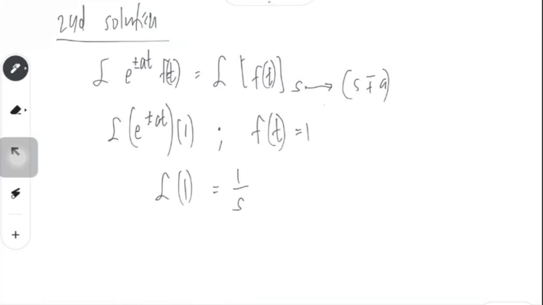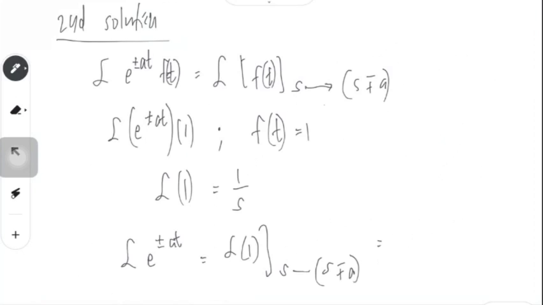Di ba? So, balik tayo dito. The Laplace transform of e to the plus or minus at is also equal to the Laplace transform of 1, but we have to replace s by s negative positive a. Anong Laplace transform ng 1?